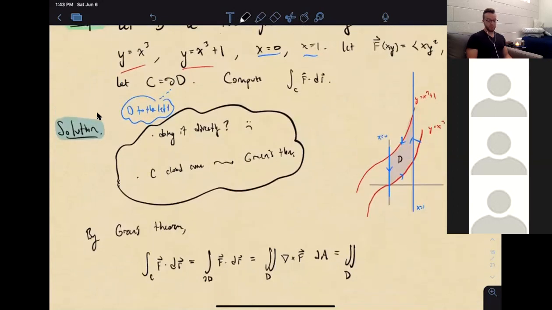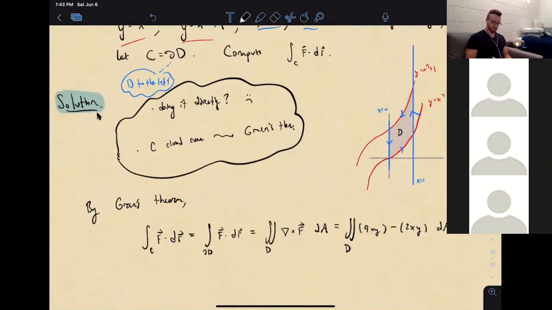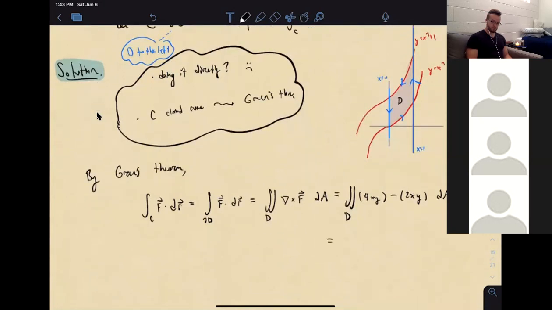So let me compute the curl really quickly. The curl is going to be the x derivative of f2, which is 4xy, minus 2xy. So I get 2xy.